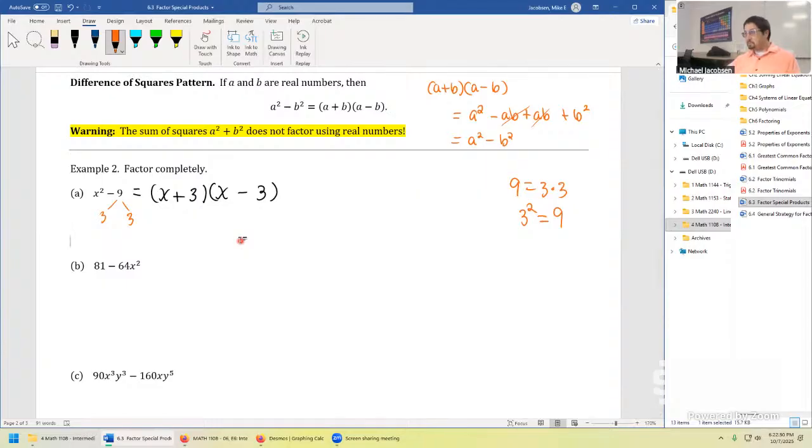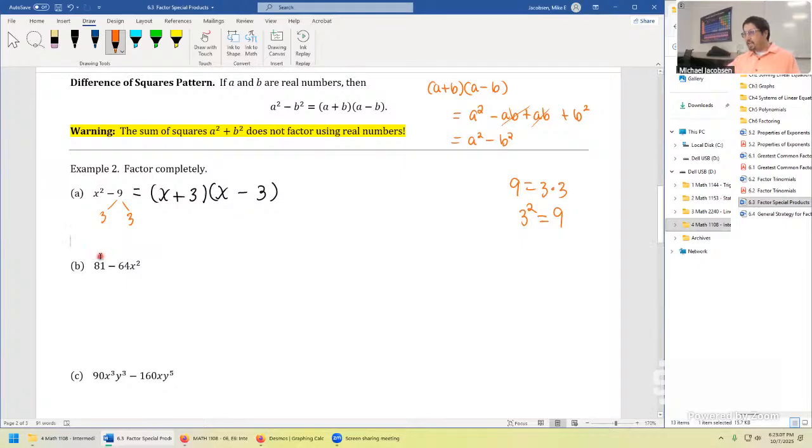Okay, well, that's pretty much how all of these go. X squared minus 9, that was just kind of like the warm-up problem. The numbers can get bigger, but if they're perfect squares, the same idea applies. First thing you'd want to check though is, is there a greatest common factor?